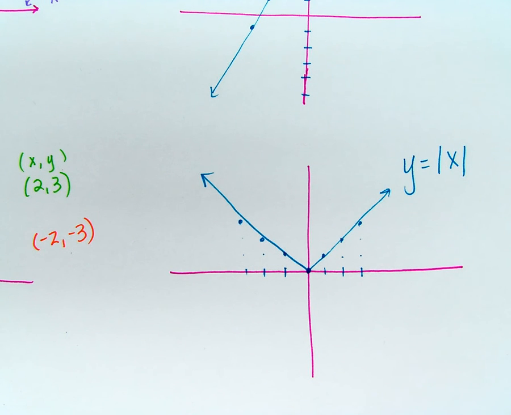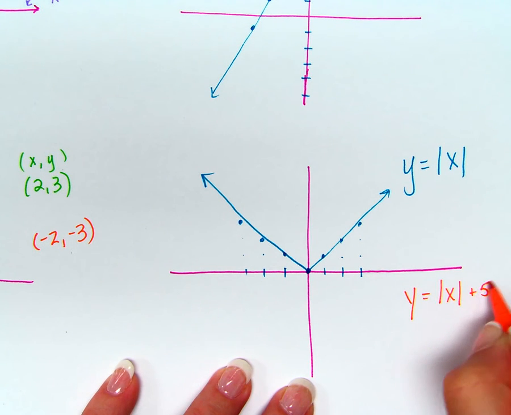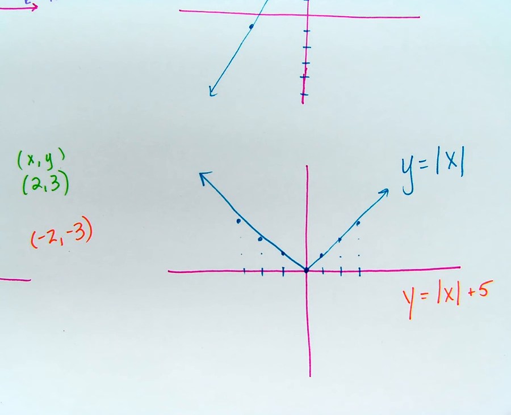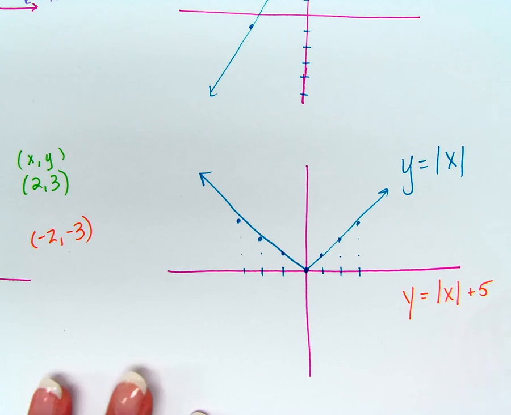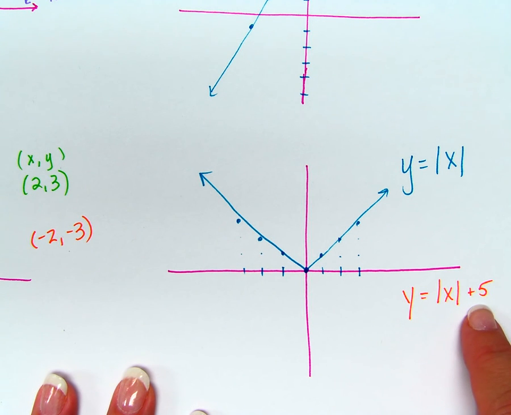So, using our transformation rules that we did like 40 times last year, how would I graph this? I mean, we could make a table, right? We could make a table of values and put in a 1 and I get a 6, put in a 2 and I get a 7, and so on like that. But transformation rules says what? I take that V and move it where? Up 5.